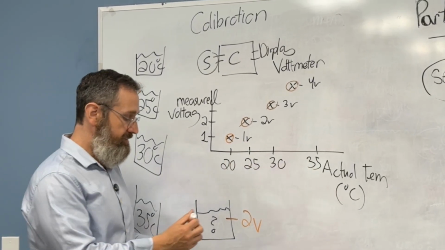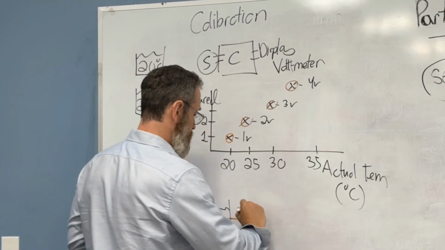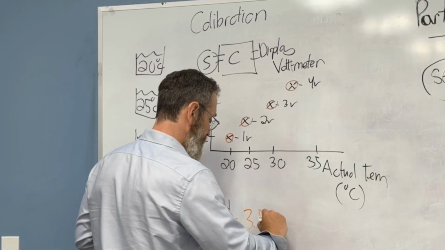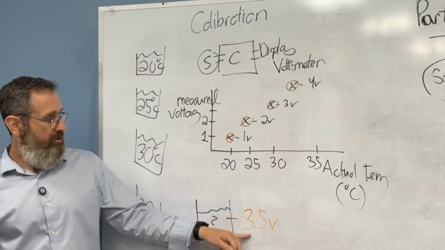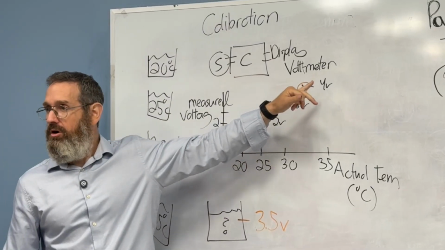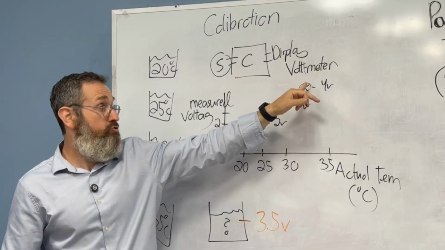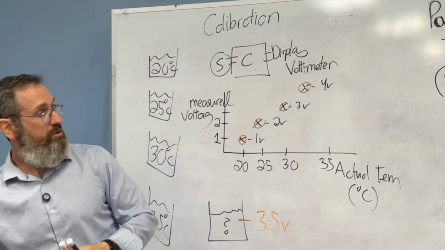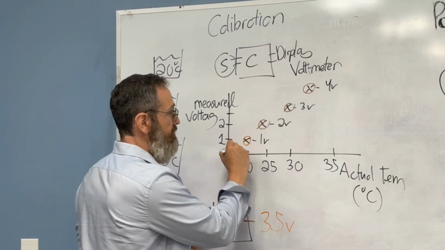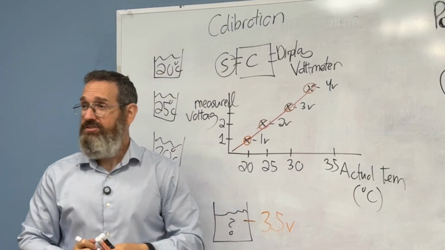You repeat it again with another sample. Now this time you measure 3.5 volts. Well, that you didn't get before. You don't have a 3.5 volts. But I've made the example pretty intuitive here, where you can say, what I'm going to do is draw a line through these points or fit them.